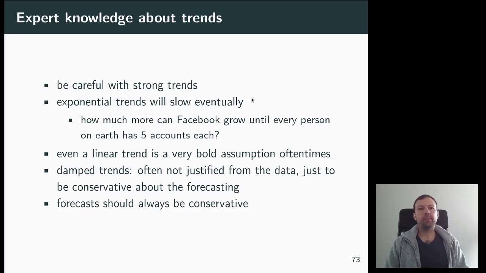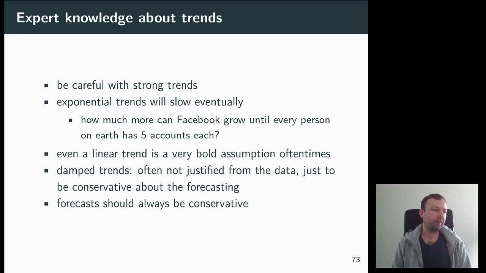So just some more considerations, or expert knowledge, domain knowledge about trends. As I said before, be careful with very strong trends, right? Because exponential trends will slow eventually. As an example, let's say you are trying to model how many people will be using Facebook.